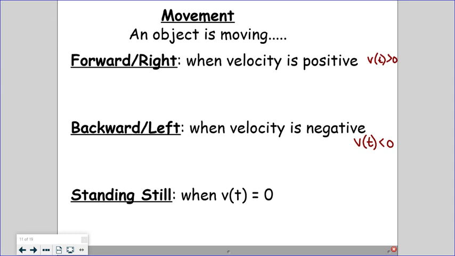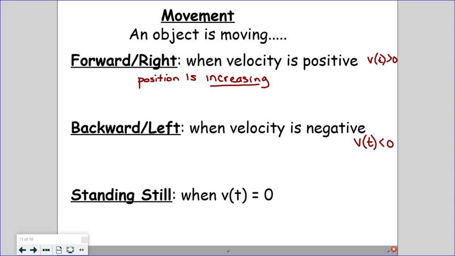So there are other things that can tell us whether something is moving forwards or backwards, right or left. If all the information we had was our position function, for our velocity to be positive, our position function would be increasing. Now, increasing and positive are not the same thing.